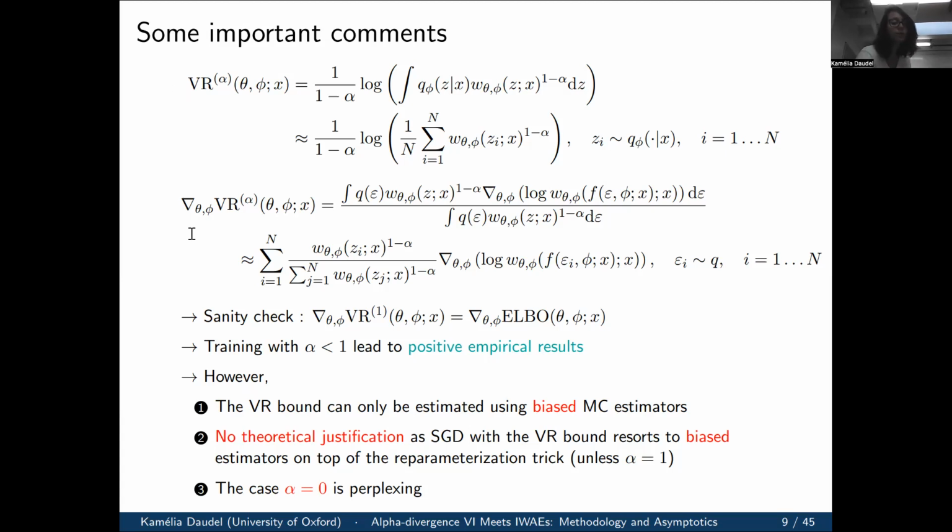However, if you look at what's going on in the stochastic gradient procedure, if you take alpha equals 0 in this expression, you recover stochastic gradient descent for the IWAE bound. So there's a bit of a mismatch. You're looking at a stochastic gradient descent, but if you look at the objective function, it's not the one you would expect. So this made us a bit curious: there seems to be a mismatch when alpha equals 0.